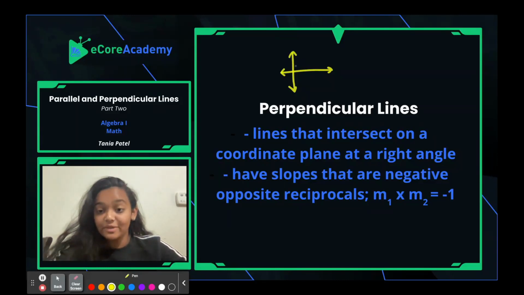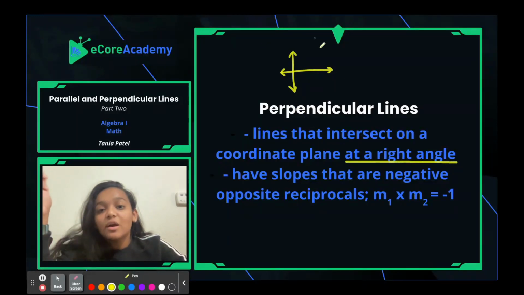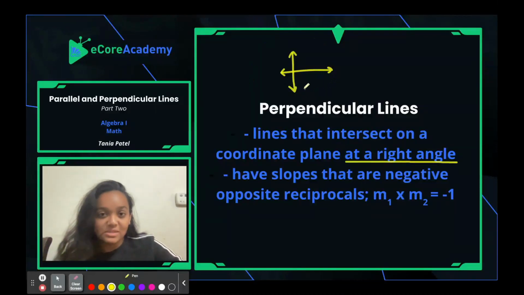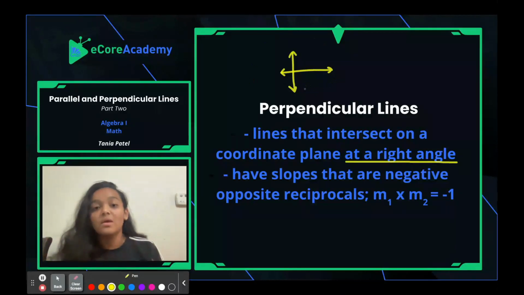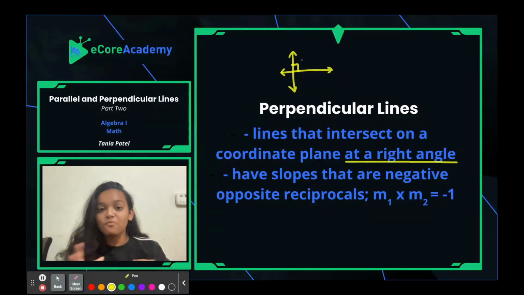Perpendicular lines are different than intersecting lines, as we know that they have to intersect at a right angle. Here, we cannot assume. We don't have any notation telling us that these are perpendicular lines. There's nothing telling us that these lines are intersecting at a right angle. The only time we can say that these are perpendicular lines is if these lines have a notation that tells us that they intersect at a right angle, right?